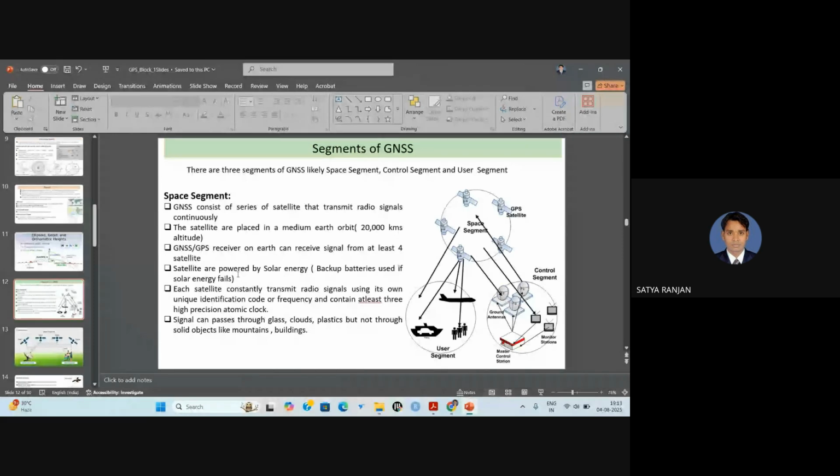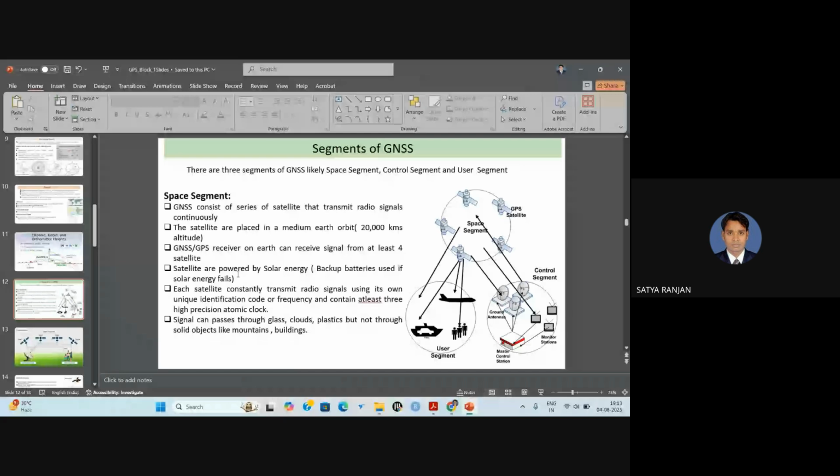So it's a very high accuracy atomic clock. We will discuss this later. Then the signal can pass through glass. These radio signals, radio signals generally mean long wave signals.